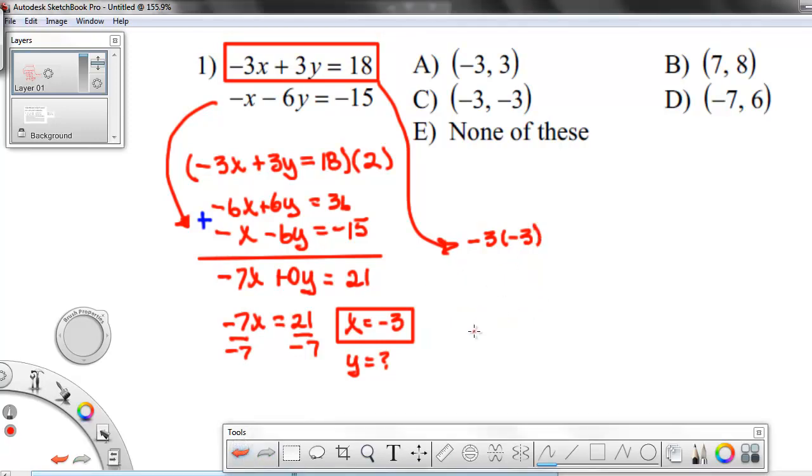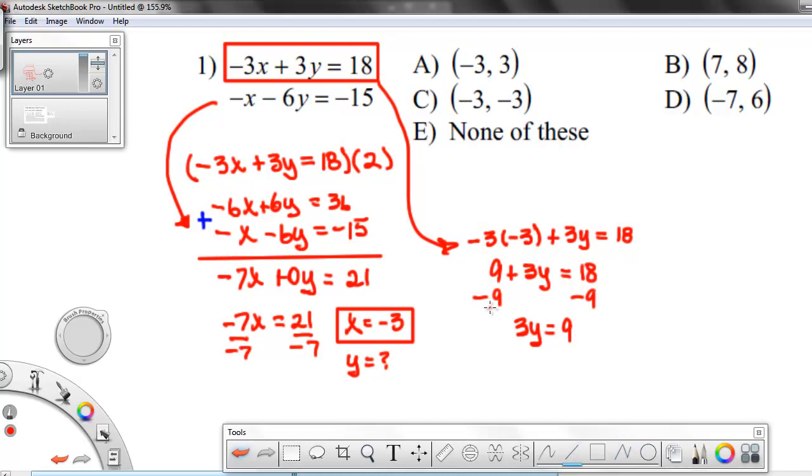And then we have the positive 3y equals 18. Now remember, we only can solve an equation that has one variable, so that substitution of the x value helps us to do that. So 9 plus 3y equals 18. We subtract 9 from each side, and we get 3y equals 9.